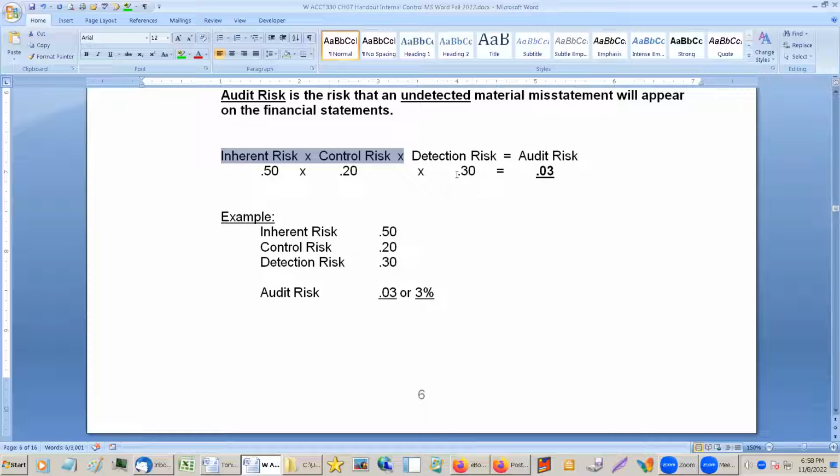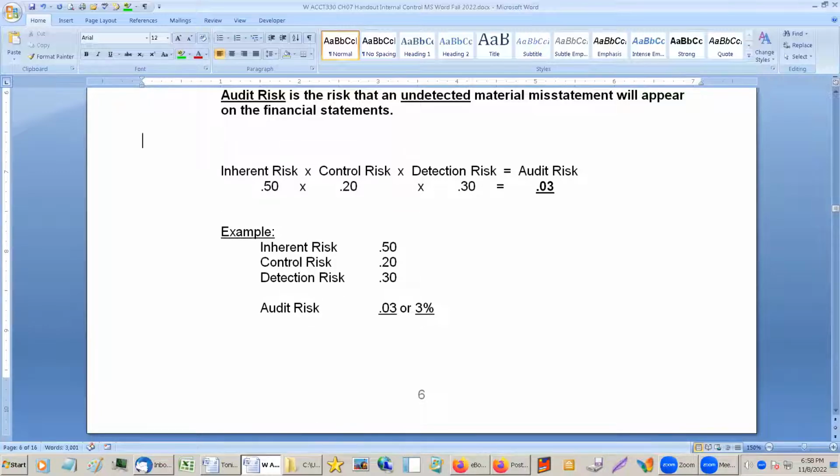So now your risk of having an audit failure basically is now not 3%, but it's 30%. You know, it really jumps up. So this has to do with management integrity.